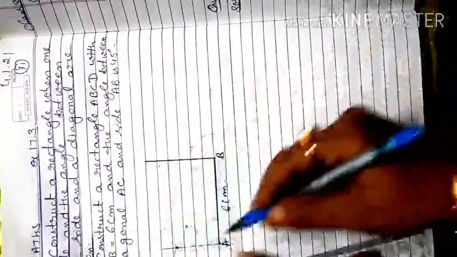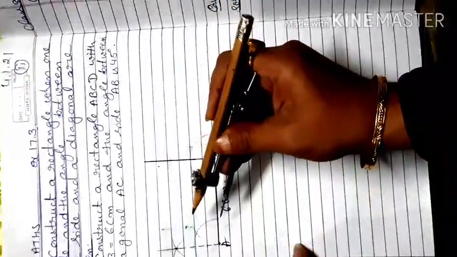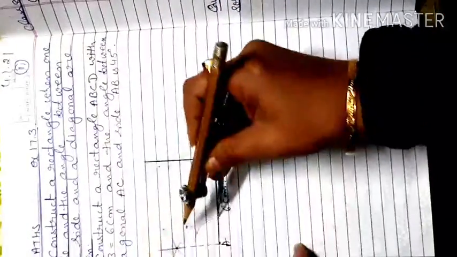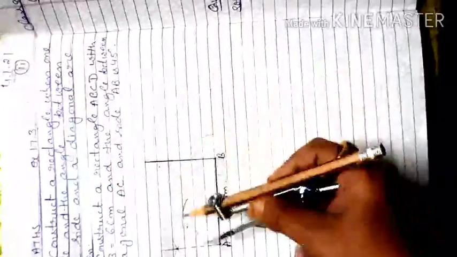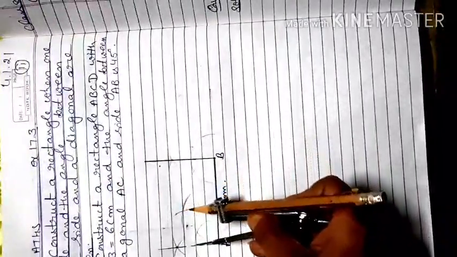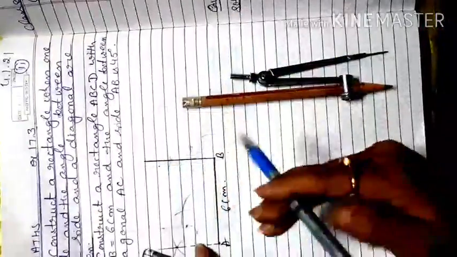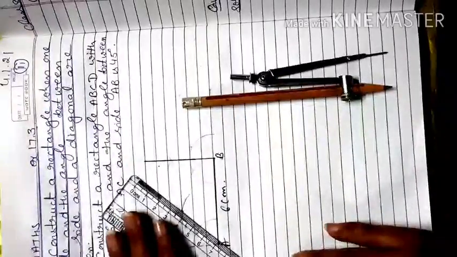Half of this is 45 degree. Now how will I do half of this 90 degree? I open the compass exactly as the 90 degrees here, and bisect that 90 degree angle this way. So this will make my 45 degree, the half of this 90 degree. This is the angle bisector, so that is my 45 degree.